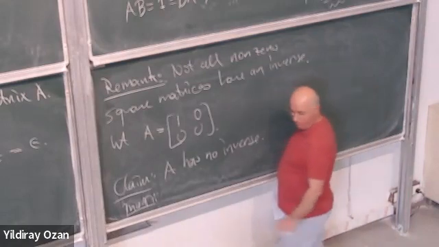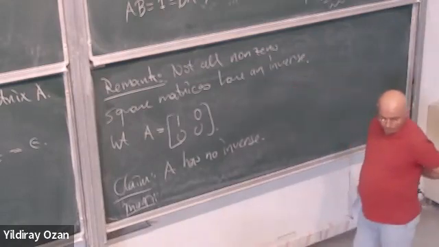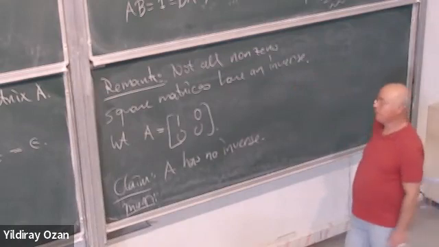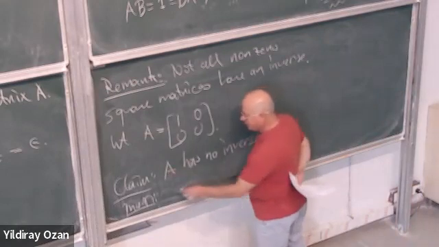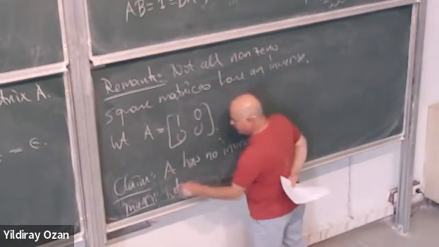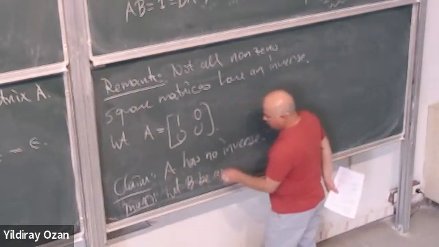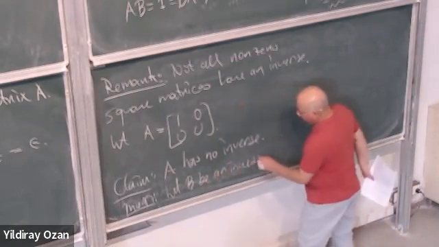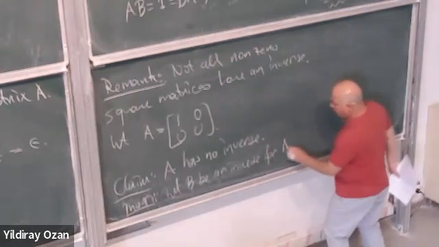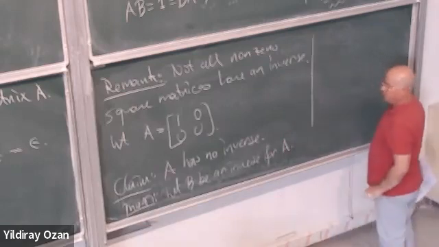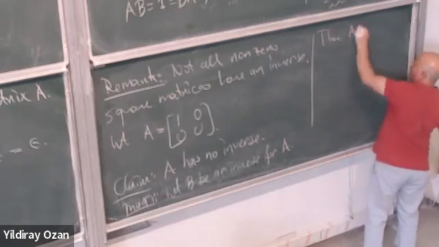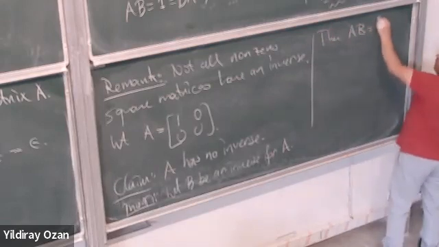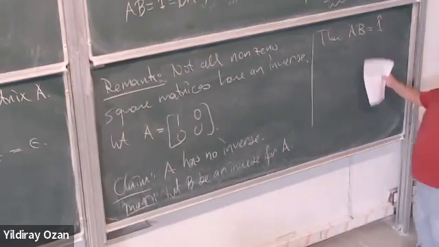And by writing equations, maybe we may have a contradiction. Okay, so you are saying this, right? Let's give an inverse for A. Then the product B should be identity, right?